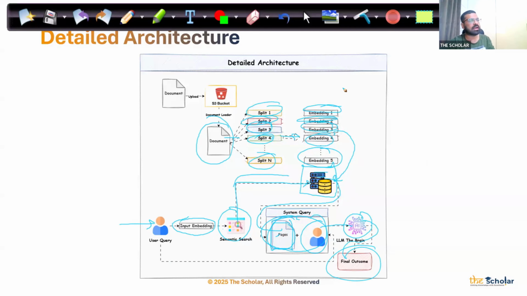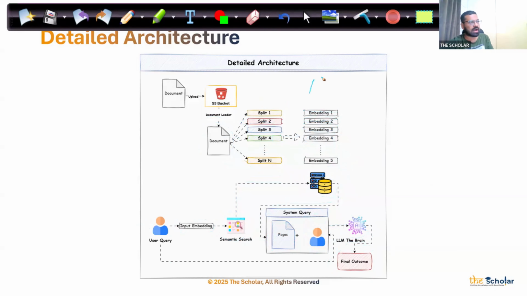That is what this entire system does, right? And this system is known as the RAG system. You must be hearing this RAG term quite a lot these days. So this is a simple RAG system which we have built, right?